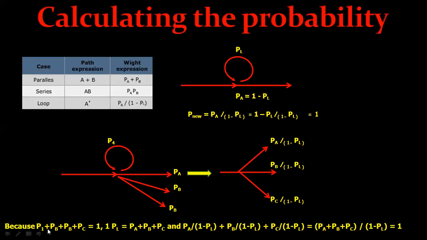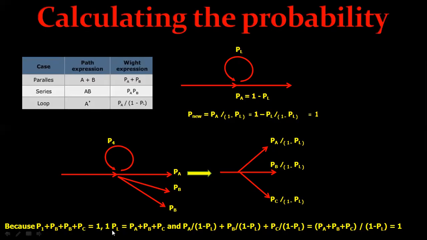So it will be PL plus PA plus PB plus PC. Sorry, here it is PA. Okay, so it will be 1, which will always be equal to 1. So the sum of all the probabilities will always be equal to 1. Okay, so this is a PL, not P1. Sorry.